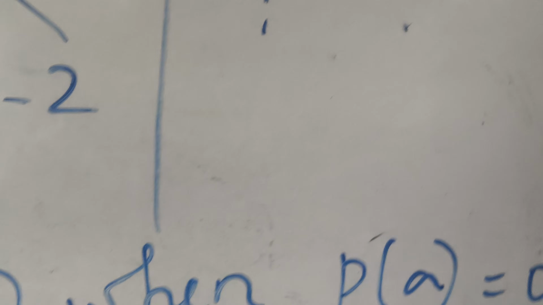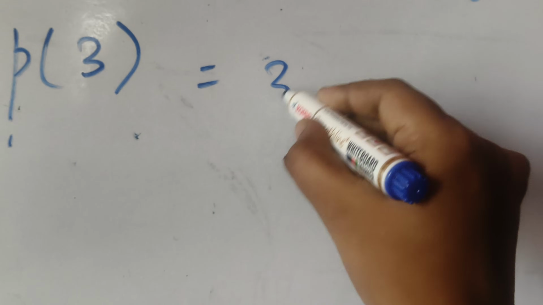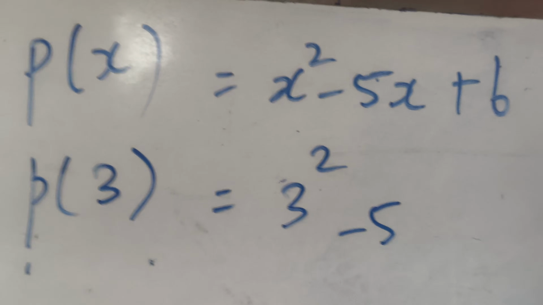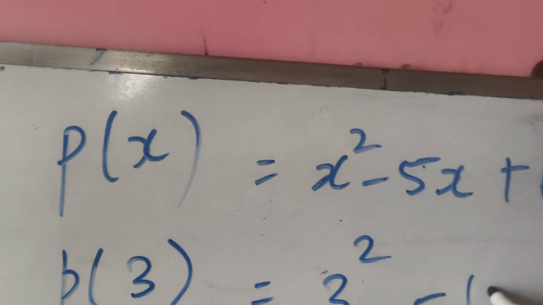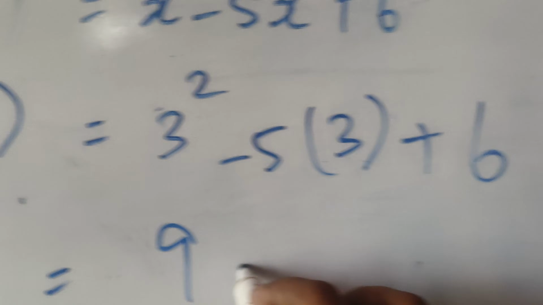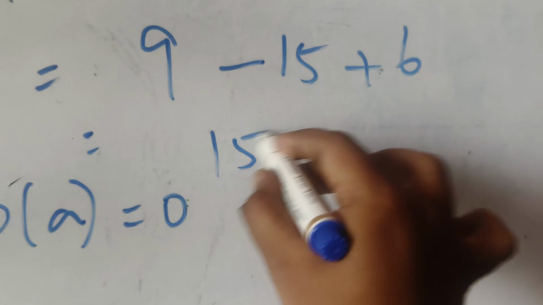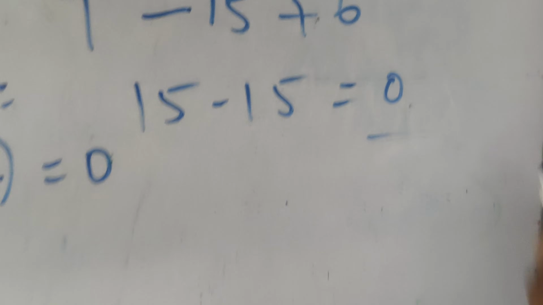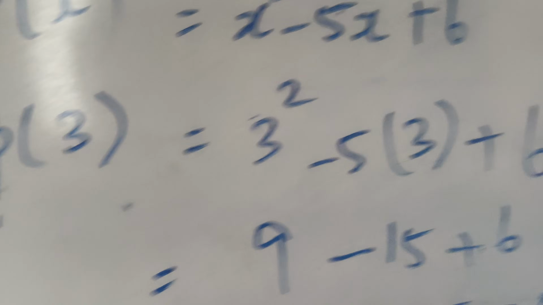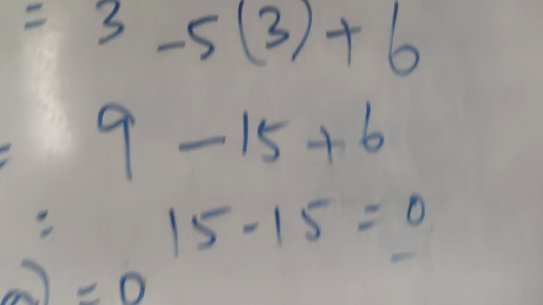So if I evaluate p of 3, wherever x is there, we can directly put 3. And when we add this, 3 square is 9 minus 15 plus 6, and 15 minus 15 is 0. So p of x becomes 0 at p of 3. In place of x, if we evaluate as 3, then we get 0.